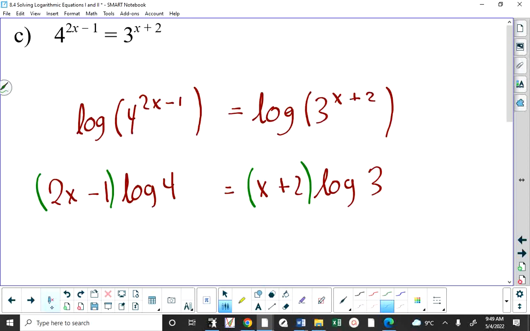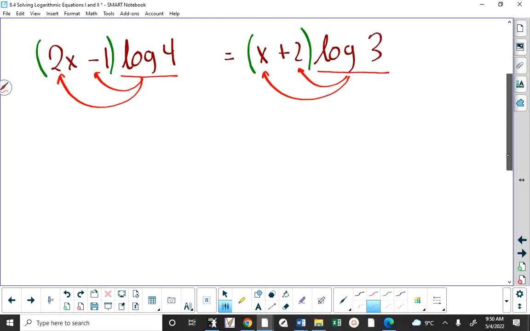And what that means is that you have to multiply this log of 4 by the negative 1 and by the 2x. You have to multiply this log of 3 by the 2 and by the x. We have to temporarily anyway make this more complicated by expanding it out.